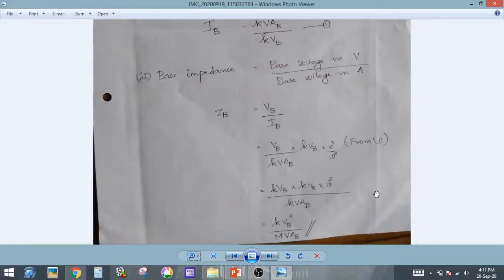B is represented as the suffix. Then 10 raised to 3 by kVAB, or kVAB divided by 10 raised to 3, is taken as MVAB. So base impedance equals base kV the whole square divided by base MVA.